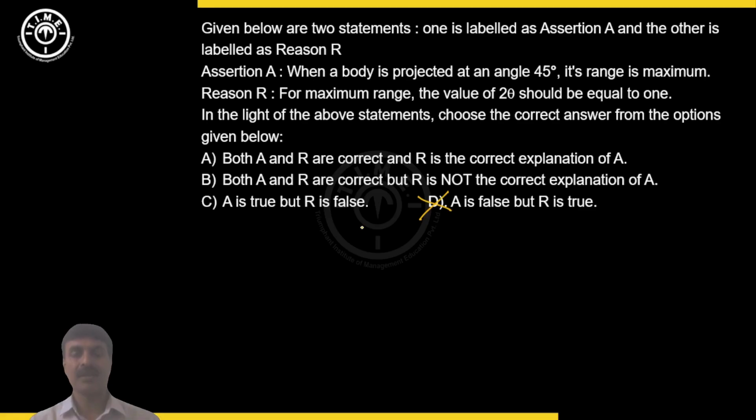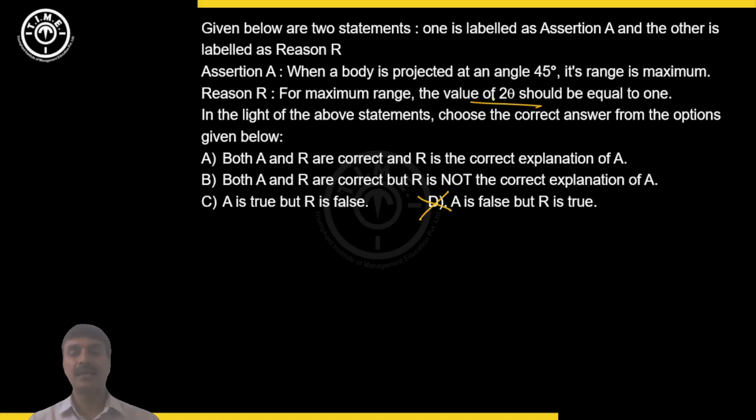Elimination method. Now coming to the reason, for maximum range, the value of 2 theta should be equal to 1. Yes, 2 theta must be equal to 90 degree. Then sine 2 theta must be equal to 1. But 2 theta can be anything.